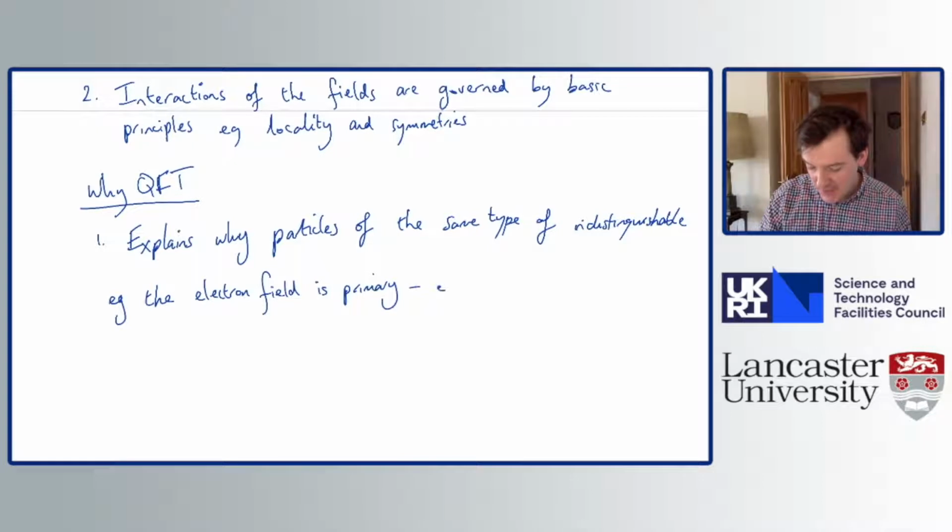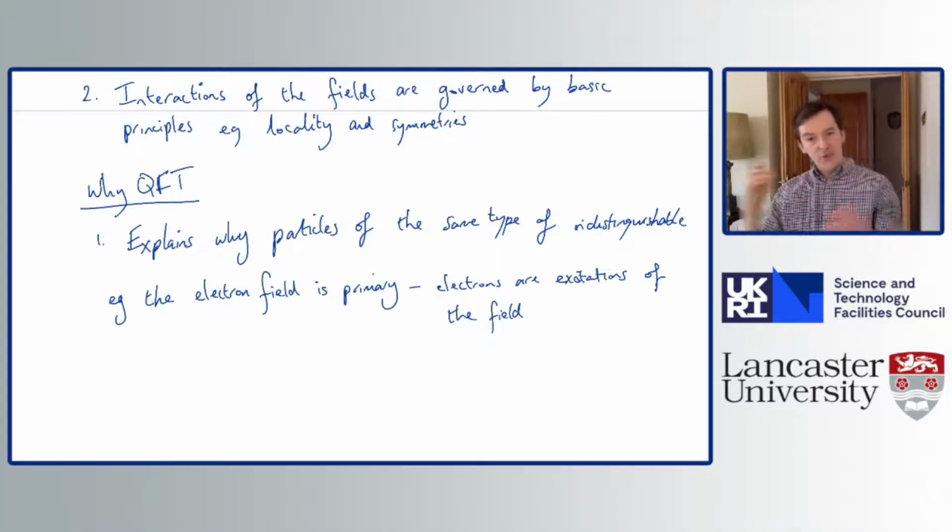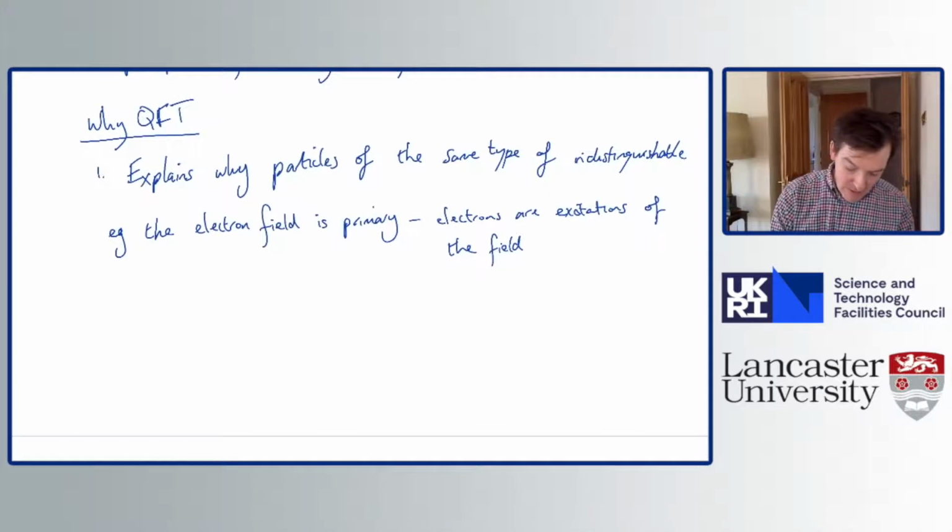Okay, and the thing that we think of as the particles, so the electrons, these are just excitations of the more basic thing. Excitations. We have one field throughout the whole universe, and then we just have different excitations, but we have one field underlying it. That's one nice thing about quantum field theory. We can understand this feature.